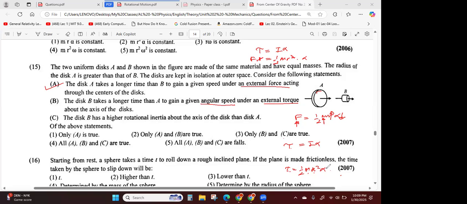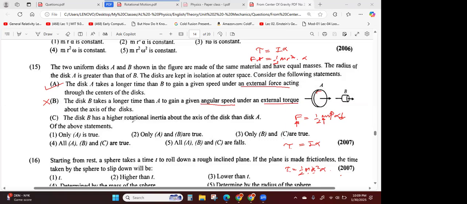R large means alpha will be small. The disk B takes longer than A to gain an angular speed? For A, R is large, so alpha will be small. So statement B is wrong.